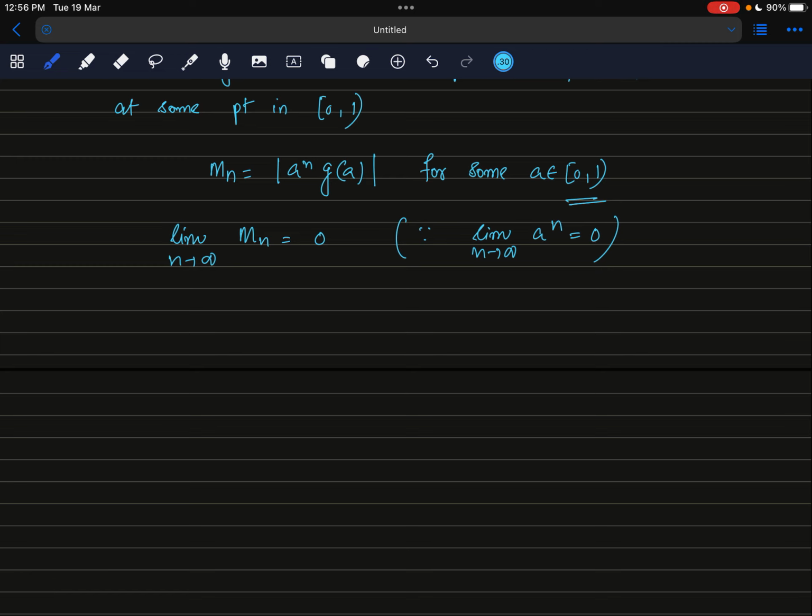So from the M_n test, by the Weierstrass M_n test, we can say f_n is uniformly convergent on this interval. This is the proof.